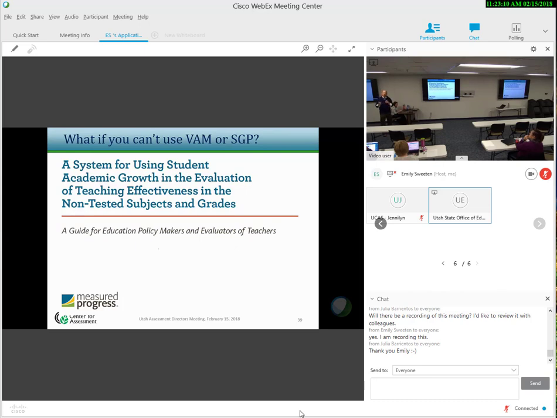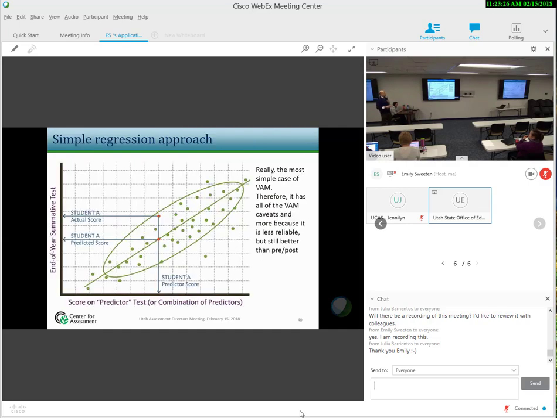But what if you can't use VAM or SGP? They went through a variety of approaches, and in this document, there's either a link to it or it's right in there, an Excel file for how to even set this up. And if you wanted to do some stuff locally, it's basically a very simple regression approach.